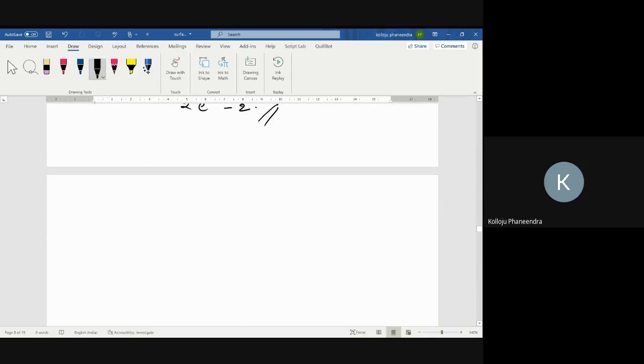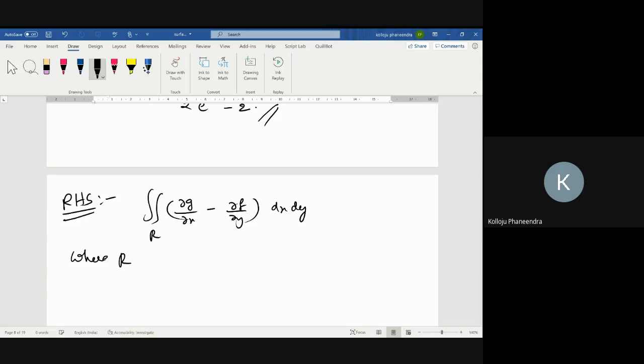Now coming to RHS. It is the double integral over R of dou g by dou x minus dou f by dou y dx dy, where R is the region bounded by the square, as shown in the first figure itself.